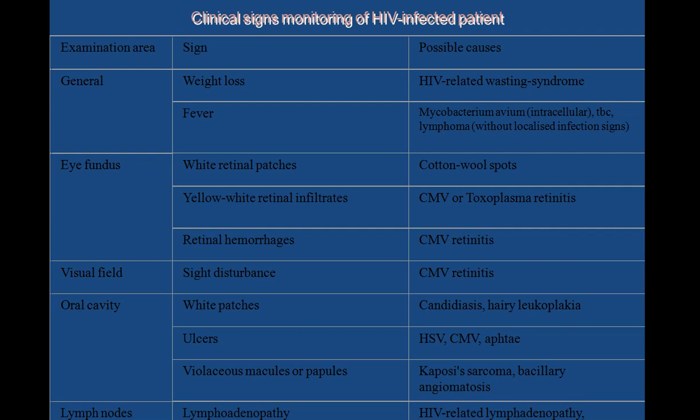Kaposi's sarcoma, bacillary angiomatosis. Lymphatic nodes: lymphadenopathy is HIV-related lymphadenopathy, lymphoma, tuberculosis, and syphilis.